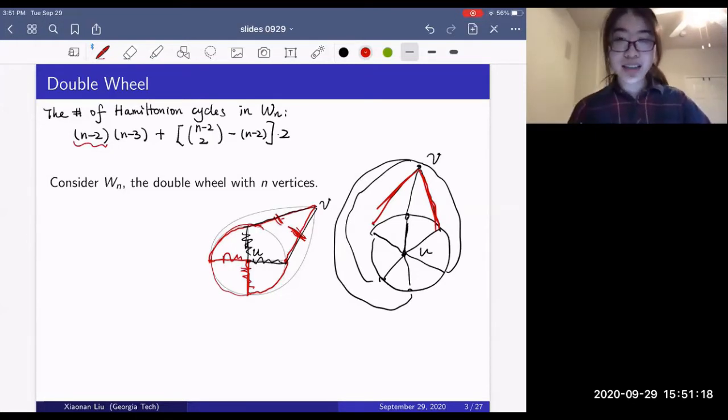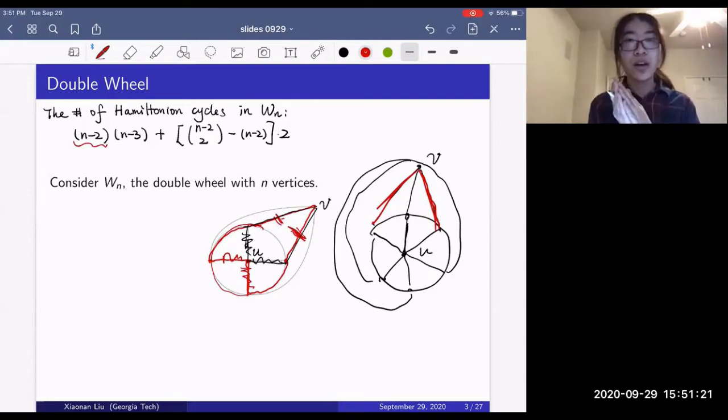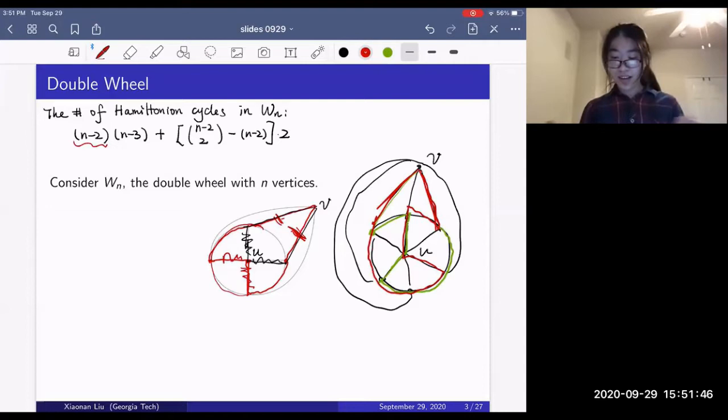For this case, we can only have two, because we can go in this direction, or another direction, like this one. So we can only have two.